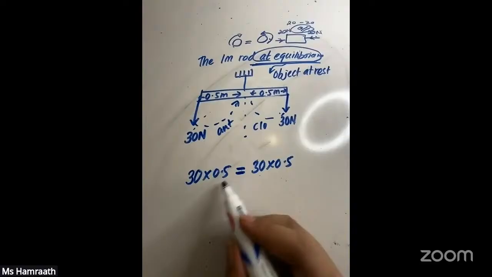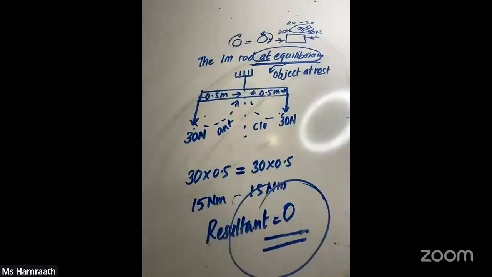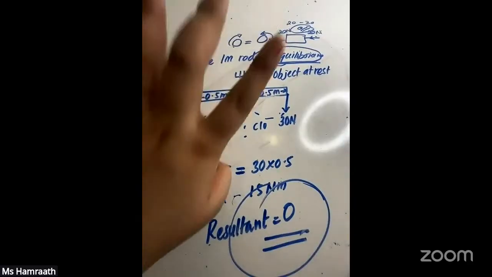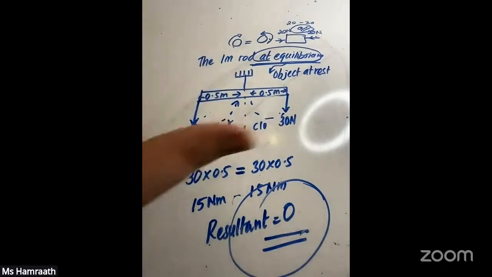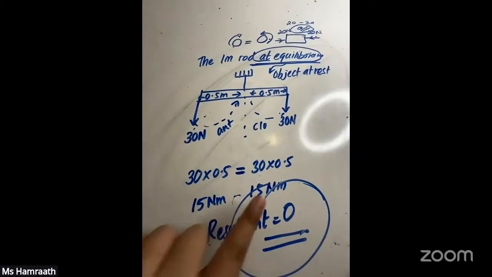It is in the opposite direction. If I subtract it, it will be equal to 0. Earlier I showed you that the object is fixed, but it is not at equilibrium. But now the object is fixed, and the object is at equilibrium. So whenever they use the word equilibrium, make sure that the object is at rest, which means the clockwise is equal to anti-clockwise.